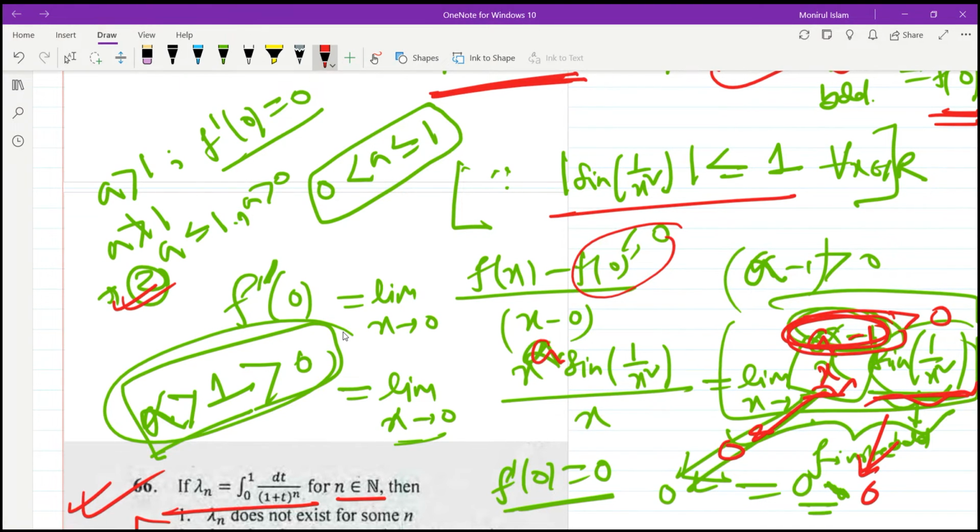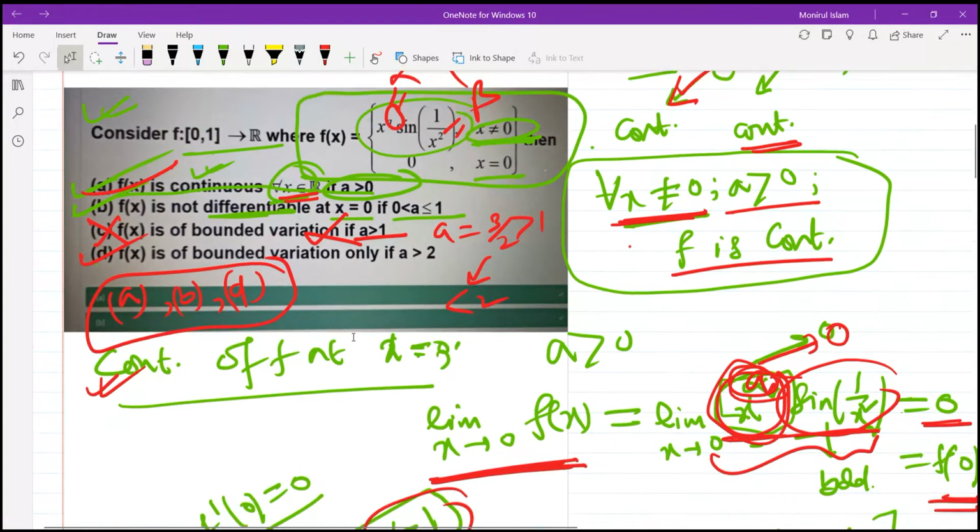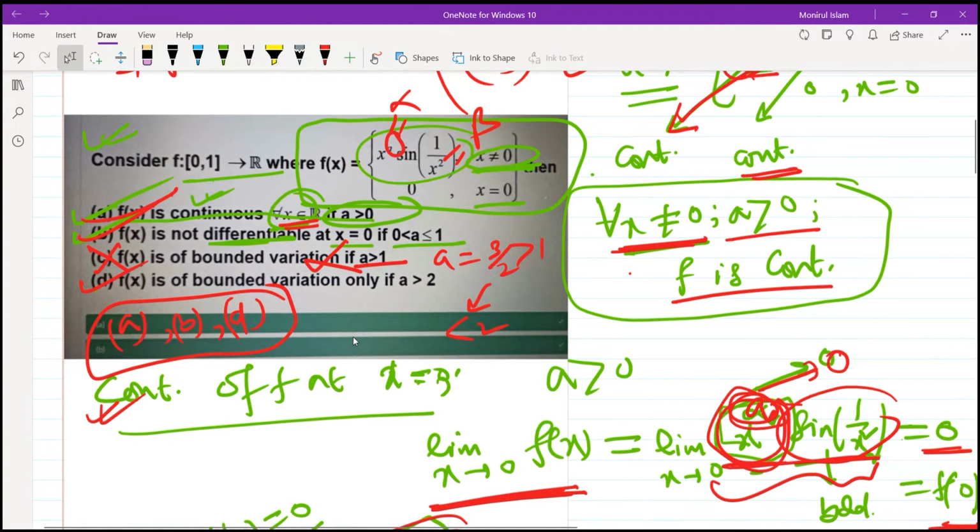So if a is greater than 1, then f is differentiable and f'(0) is 0. If a is not greater than 1, it is not differentiable, so a less than or equal to 1, and a greater than 0 from continuity. So for 0 less than a less than or equal to 1, f is not differentiable. So option B is correct.